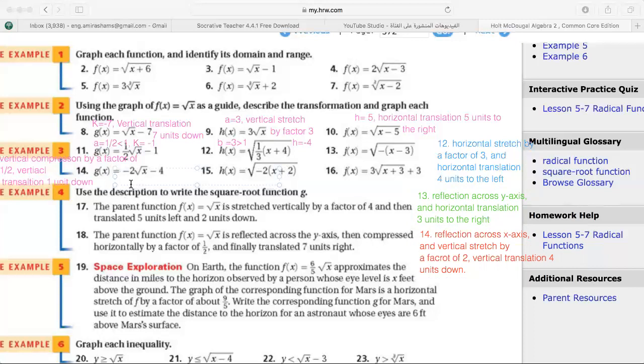A here is 2 and k here is negative 4. This one. And for number 13, I didn't write also the factors. H is equal to 3.